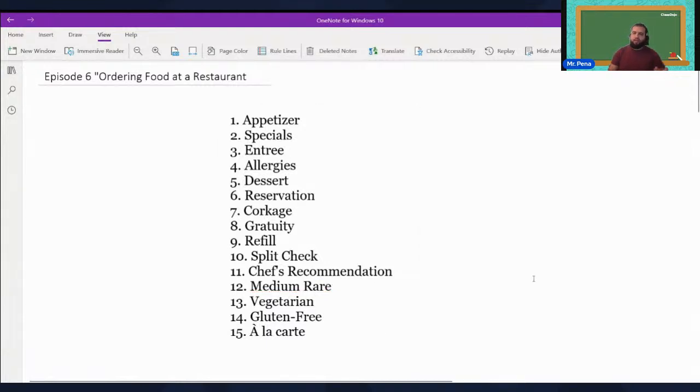Now, let's try it again. Appetizer. You say it, okay? I'm going to say it and then you say it. Specials. Entree. Allergies. Dessert. Reservation. Corkage. Gratuity.